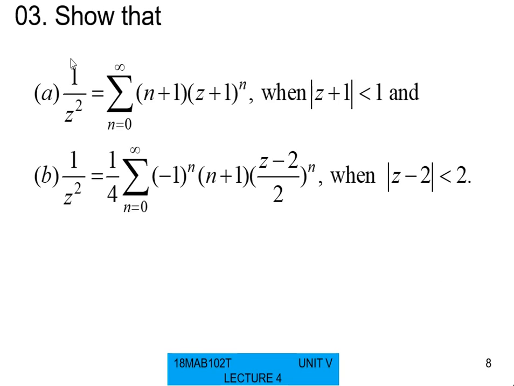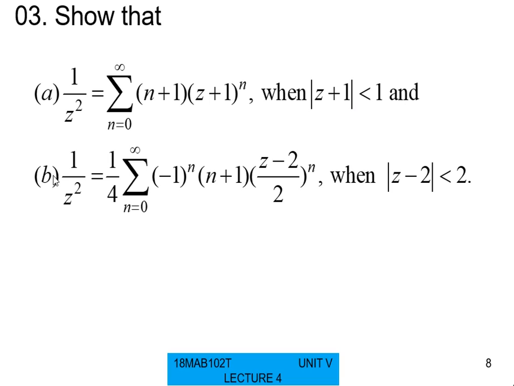Solution A is show that 1 by z square is equal to summation n equal to 0 to infinity, n plus 1 into z plus 1 whole power n, when mod z plus 1 is strictly less than 1.